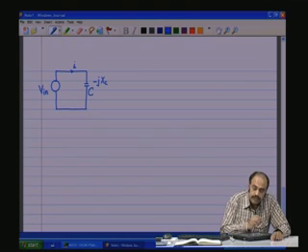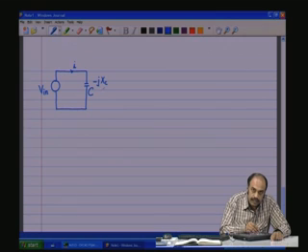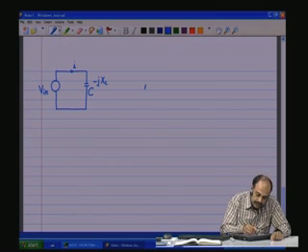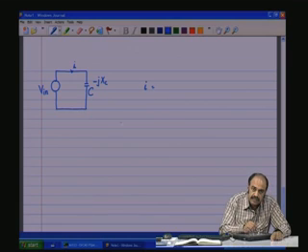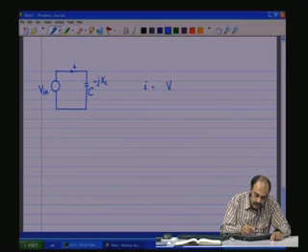This of course has a frequency component, that is nothing but 1 by omega C. So, what is I? I is a complex quantity which is V in by the reactance, which is Xc.